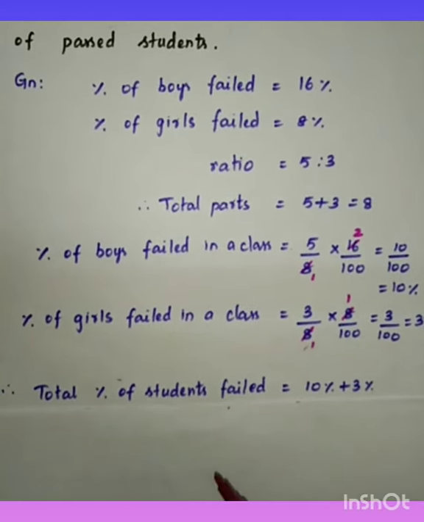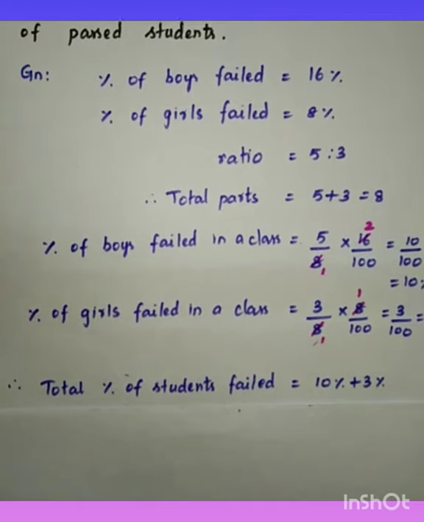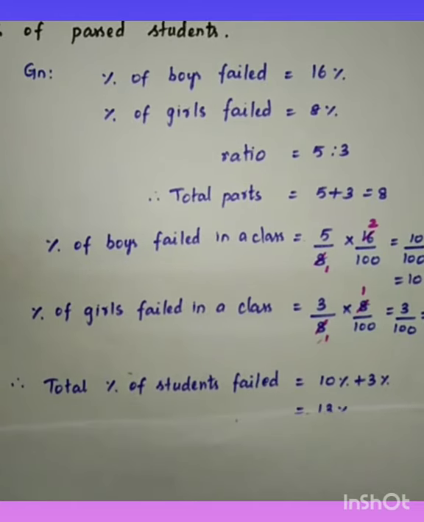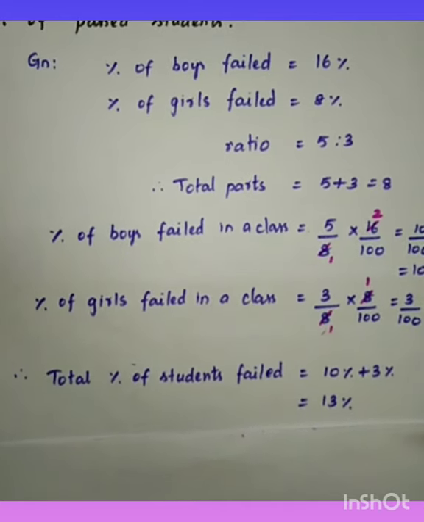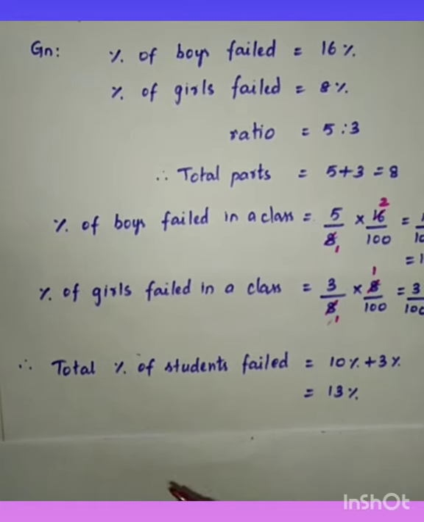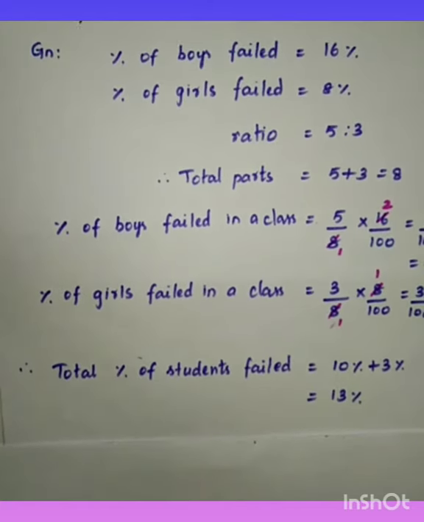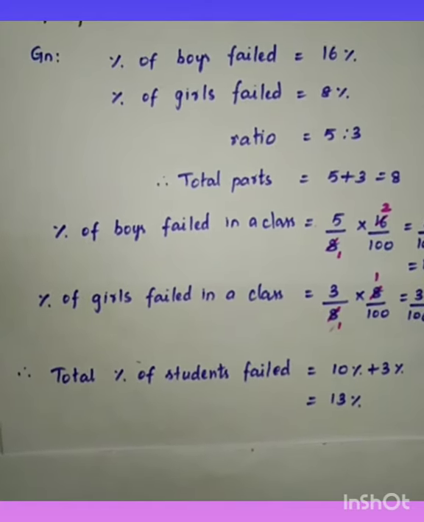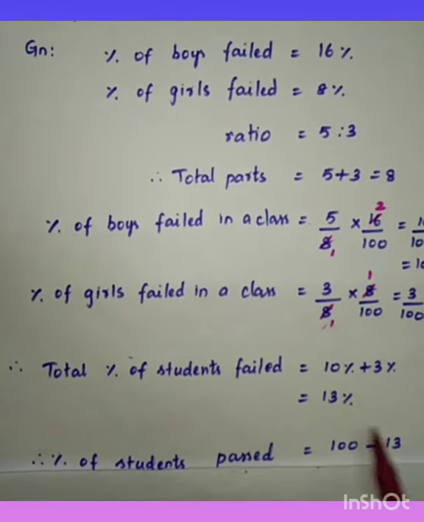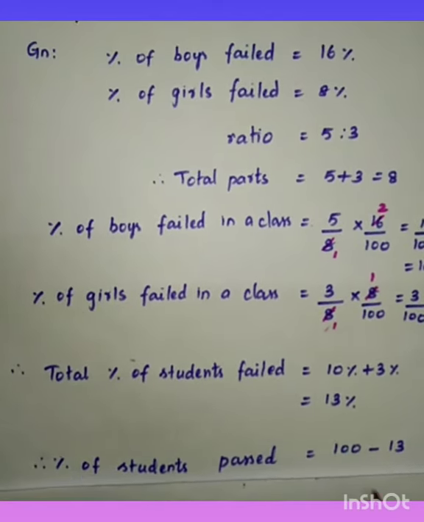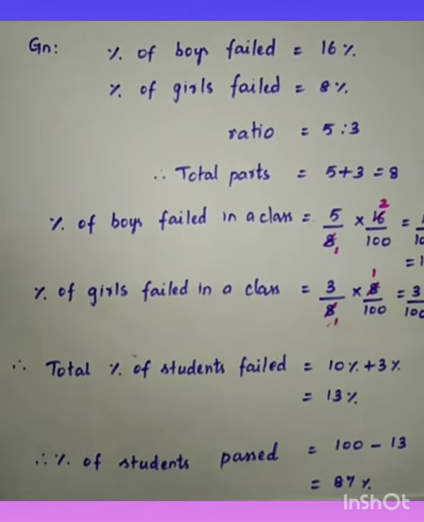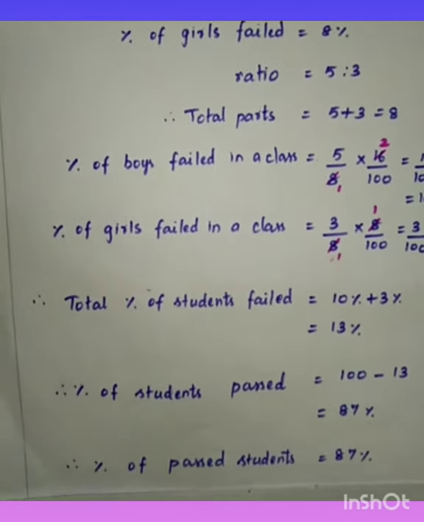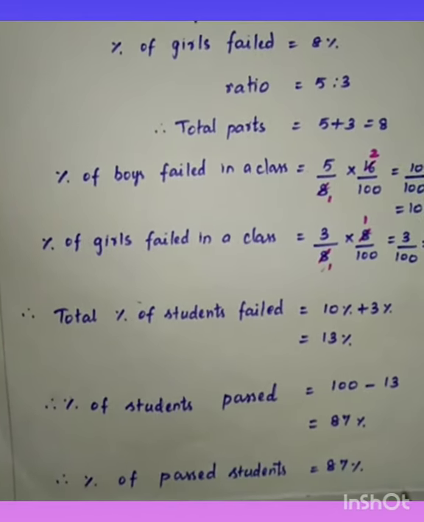Now the total percentage of students failed is 10 percentage plus 3 percentage, that is 13 percentage. Now we are going to find the percentage of passed students, that is 100 minus failed, that is 13. 100 minus 13 is 87. Therefore the percentage of passed students is 87.